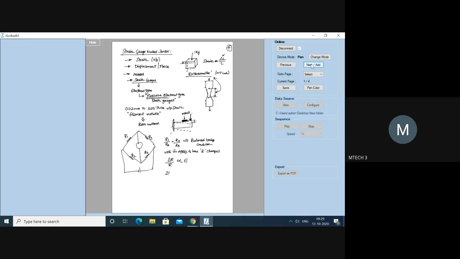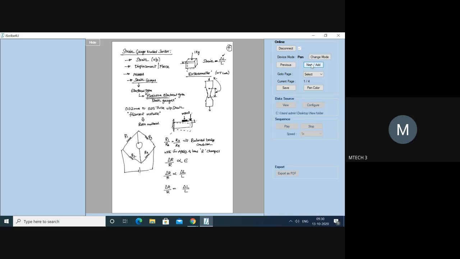Now what is strain basically? Strain is nothing but change in length to original length. Can you tell me what the proportionality constant is called? You might have done this earlier. Delta R by R, the change in resistance to original resistance, is proportional to the strain.